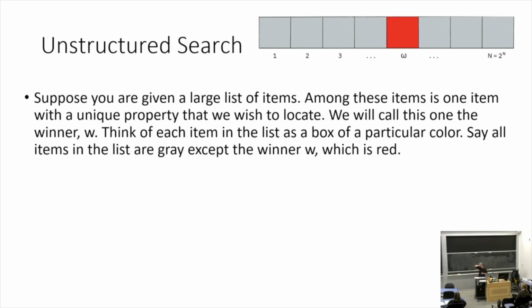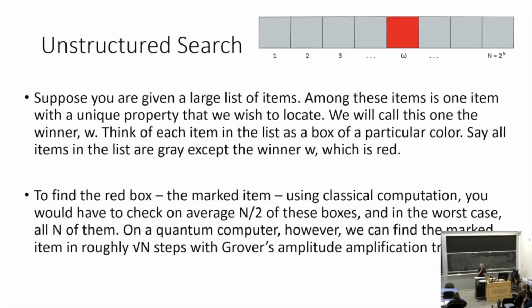All right, so here's the problem. In unstructured search, suppose you're given some large list of items, and among those items is one with some unique property that you want to find. Here in our example, we have a bunch of gray boxes, and we have one red box. We want to find that red box.